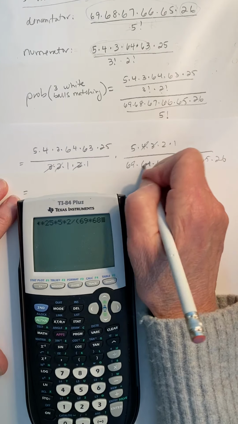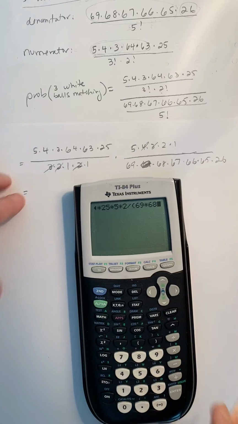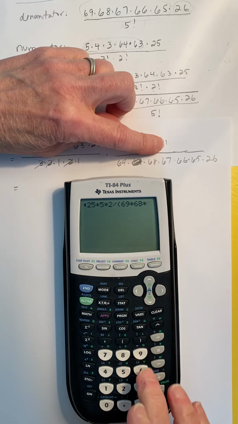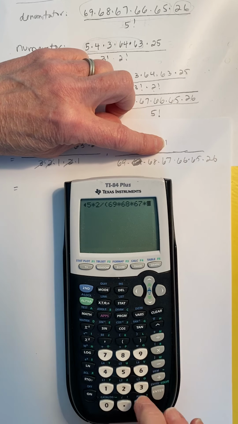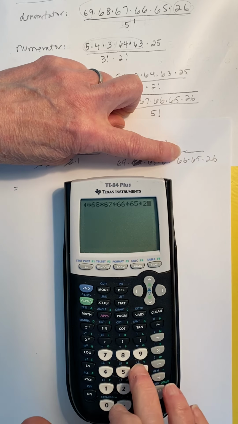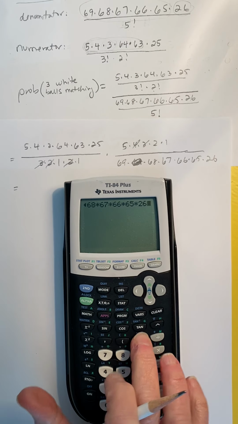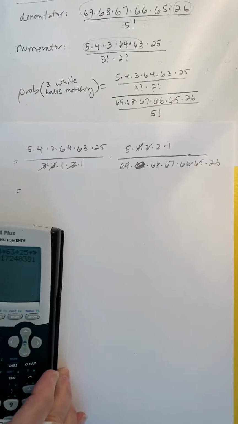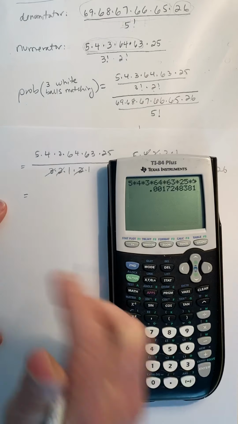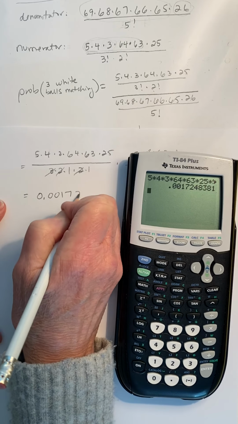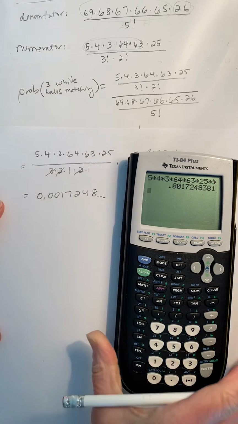I have an extra 68. Times 67 times 66 times 65 times 26. Close my parentheses, hit enter. I get 0.001724 and so on.